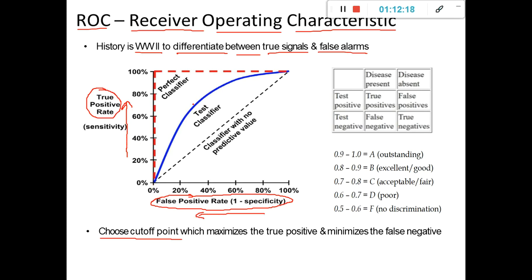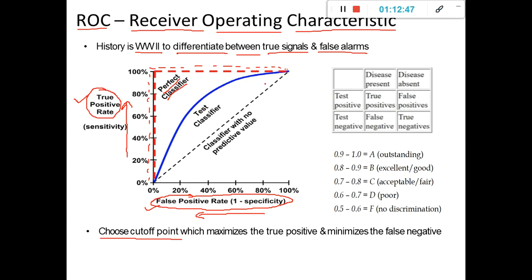So if I want to choose a cutoff point, I should choose it in such a way that it has a higher true positive rate and lower false positive rate. If you can see from here, if I get this red dotted line as a ROC curve after building a model, then that is called a perfect classifier.